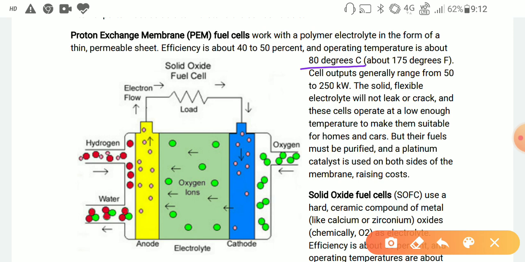Cell output in the general way is 50 to 250 kilowatts. Here this side is the anode, this is the cathode. The same construction is applied here also, only the electrolytic material is changed, and for this reason the reaction and formation of electricity changes.